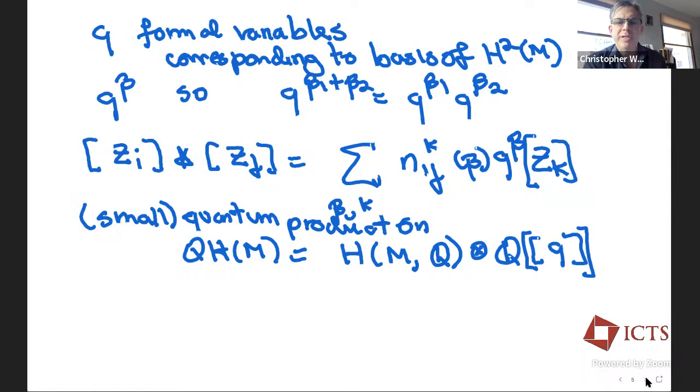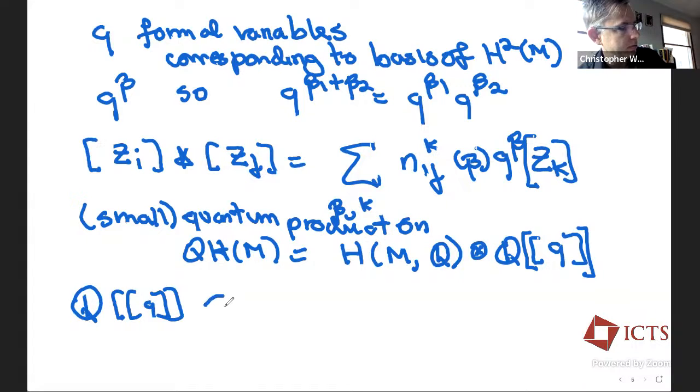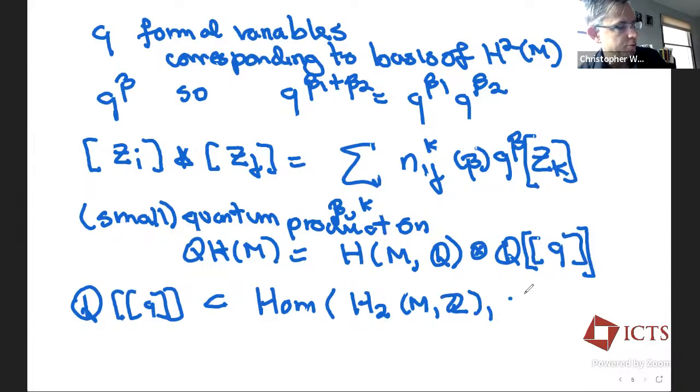So another way to say it is what is this Q? What is this formal power series ring? This is just a subset of the space of maps from HM to Z to Q. So I could think in terms of Fourier coefficients if I wanted to.